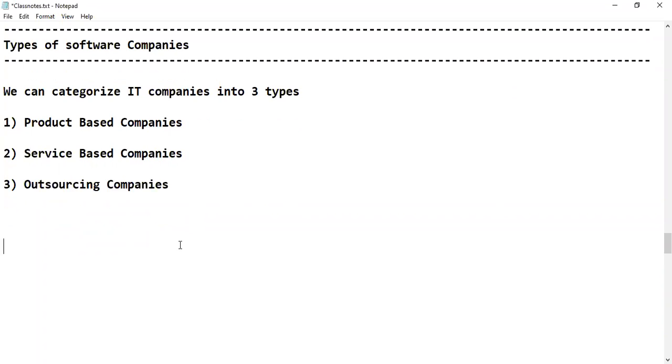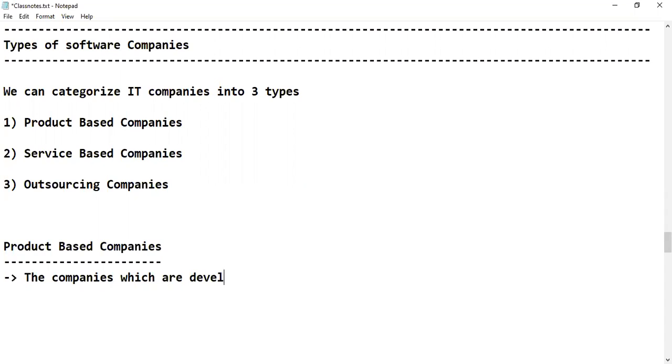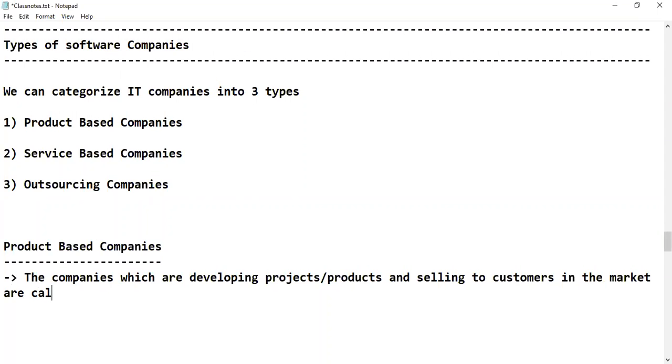The companies which are developing products and selling to the clients, selling to the customers in the market are called product-based companies.